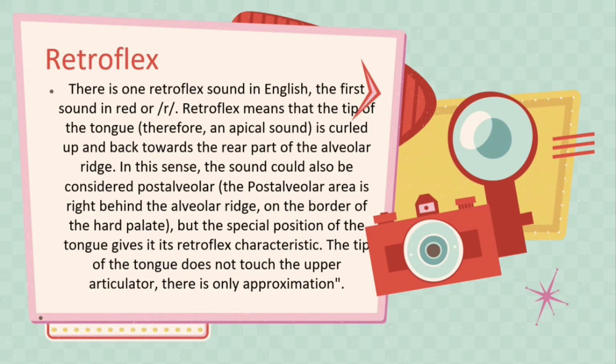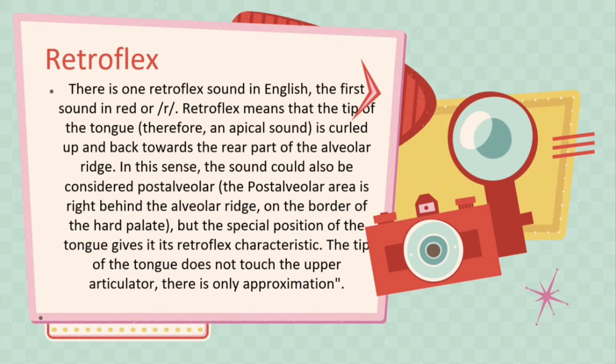In this sense, the sound could also be considered post-alveolar. The post-alveolar area is right behind the alveolar ridge on the border of the hard palate, but the spatial position of the tongue gives it its retroflex characteristic. The tip of the tongue does not touch the upper articulator.